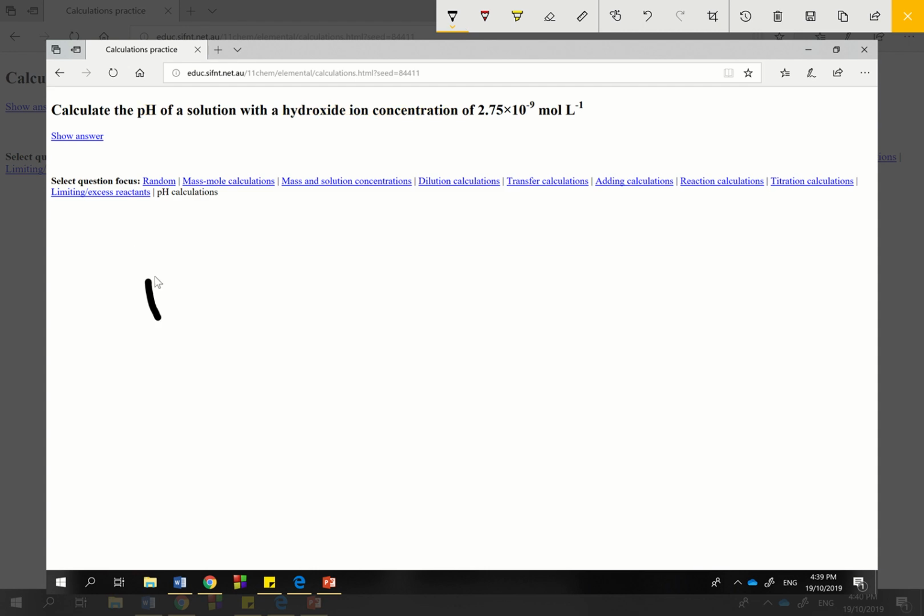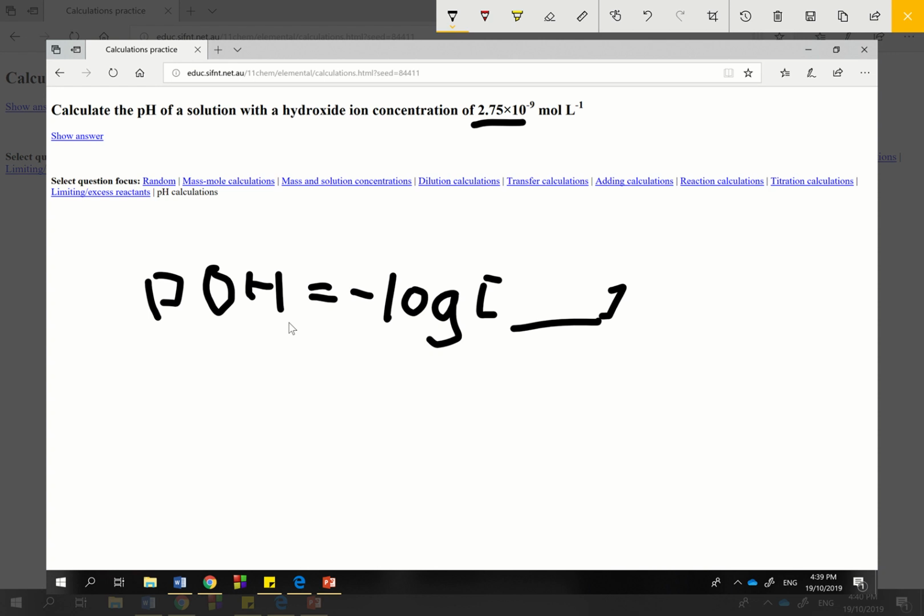So what you do with this is pretty much the same thing, but you're calculating the pOH scale at the start. So you'll be doing the same thing, negative log, and you fill in this number in this bracket, can't be bothered to write it out.